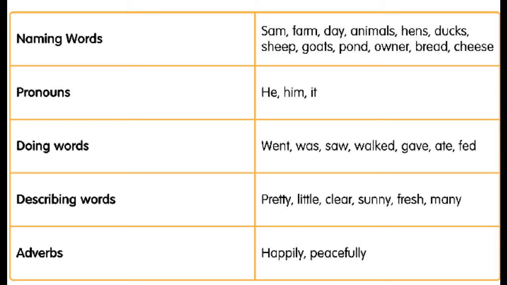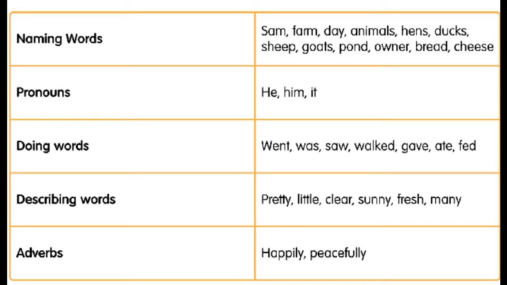Naming words: Sam, farm, day, animals, hens, ducks, sheep, goats, pond, owner, bread, cheese. Pronouns: he, him, it.